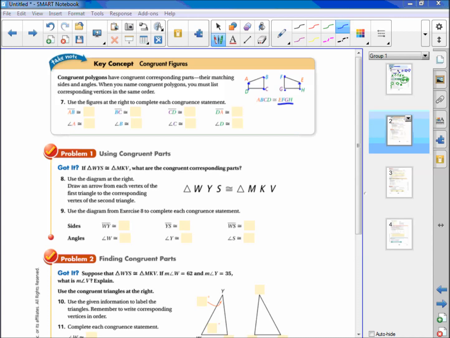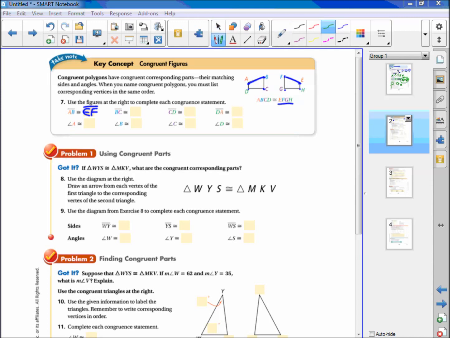All right, so number 7, use the figures at the right to complete each congruent statement. So AB is the top, and that should be congruent to the other top, so EF. Okay, all right, our second one, BC.